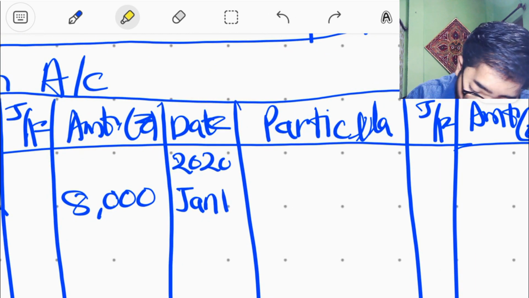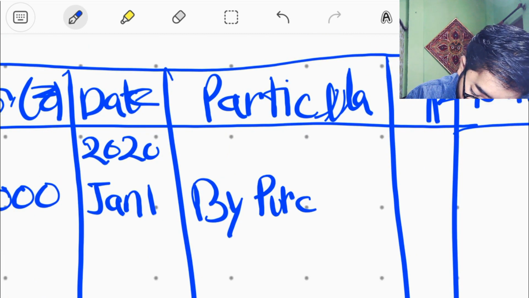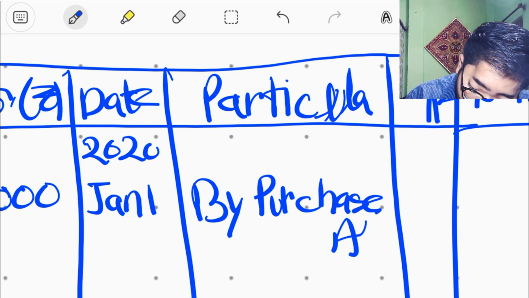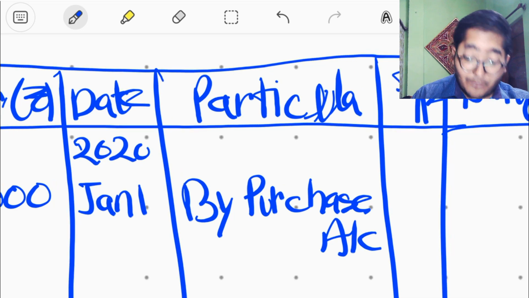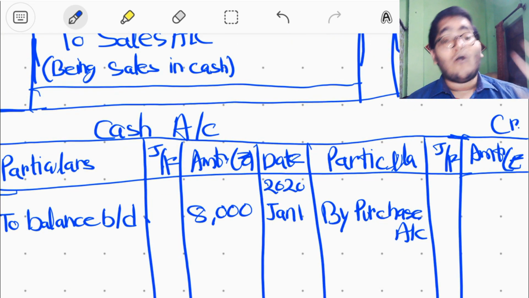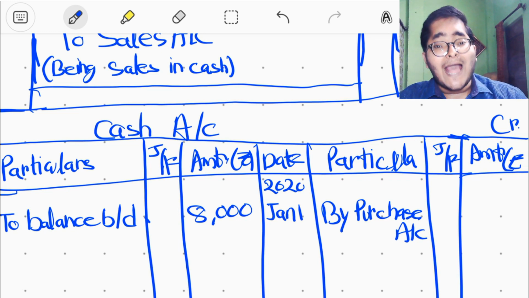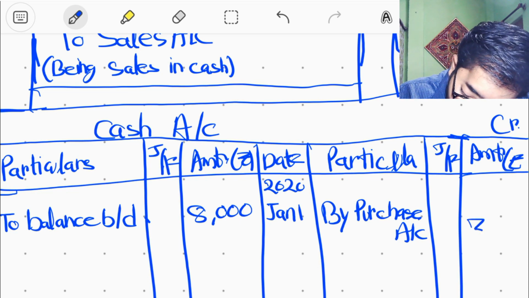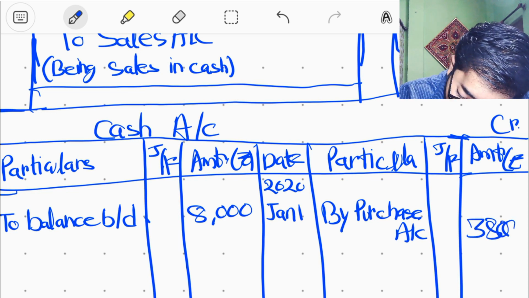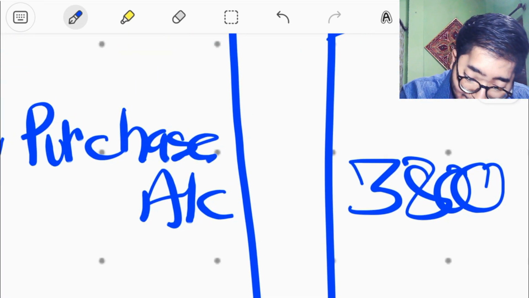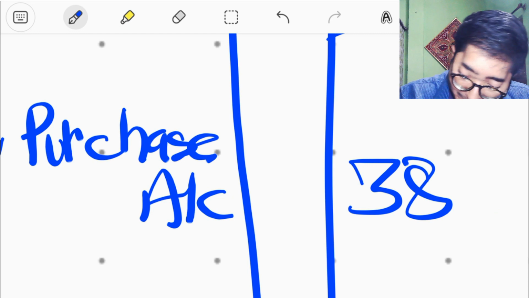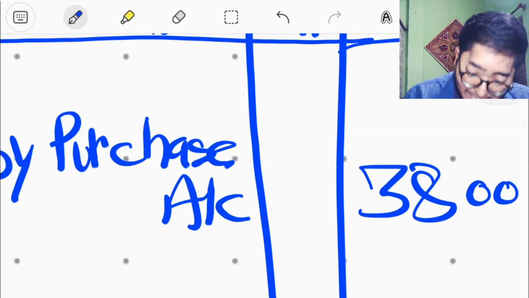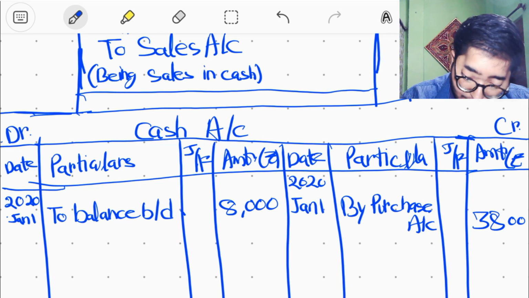So in the credit side of the cash account, by purchase account. Now what would be the amount? How much cash was required? 3,800. Cash account is credited by purchase account for 3,800.